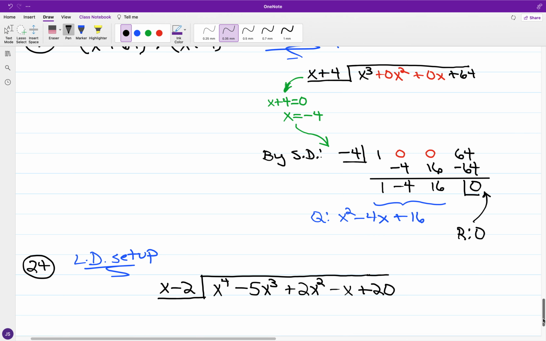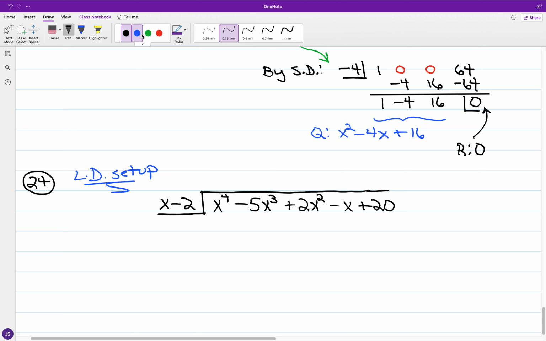If we applied long division throughout, that could take up quite a bit of space. But again, with the divisor first order in x, I can go with the synthetic division setup. So to represent x minus 2, I can take the zero, which we have at 2.